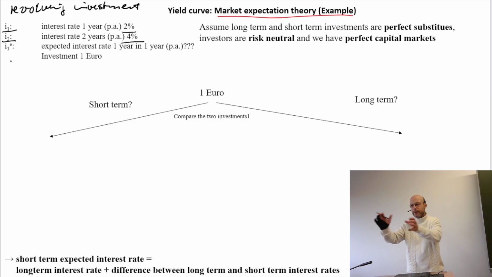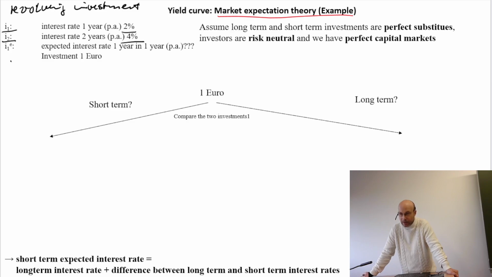So this means with this bond of a maturity of 2 years, after 1 year, if I invest €1 with 4%, I will have €1.04, and then in the second year I will invest €1.04 again with 4%.